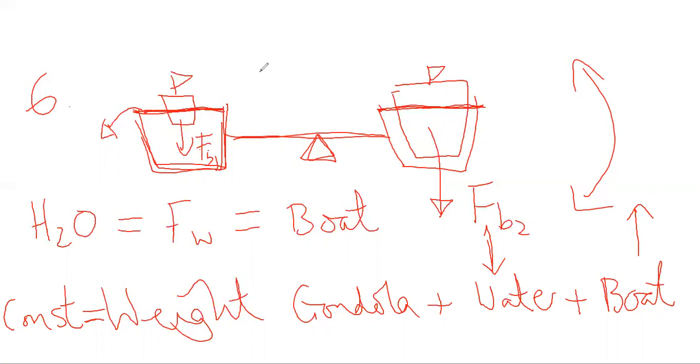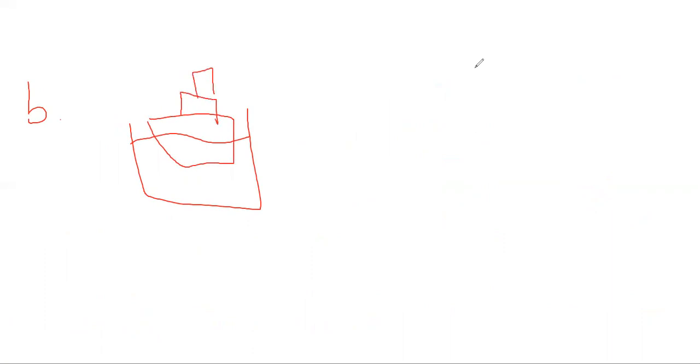Okay. So then it asked, this is the final bit, part B. What's the weight of water displaced from the gondola on the left? So we had a large boat here, some kind of ship. And it said the boat had a weight. And remember, weight is always in newtons. It's a force. Weight is not in kilograms. Mass is in kilograms.